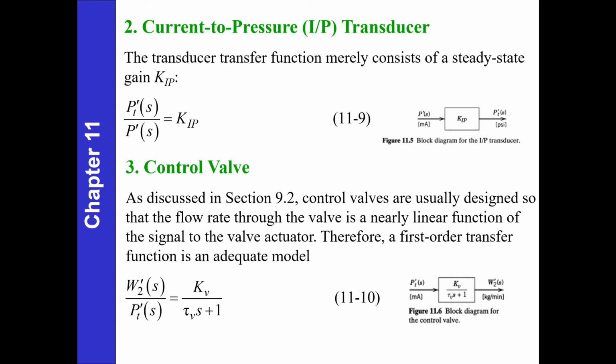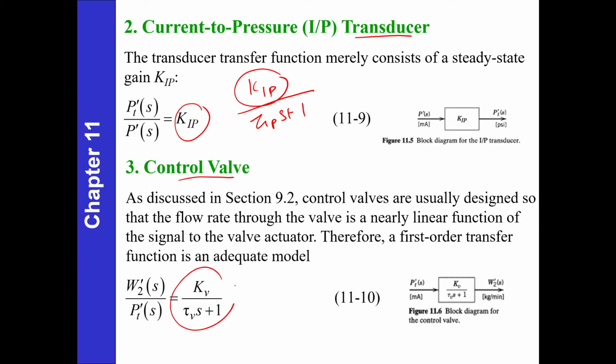So we have a transducer. This transducer also has its own transfer function, but it is not first order, it is just K. It is not K over tau IP S plus 1, it is just KIP. The same goes for the control valve.